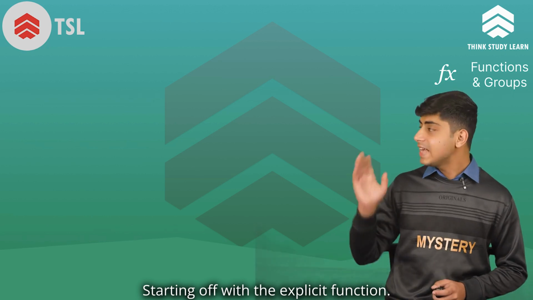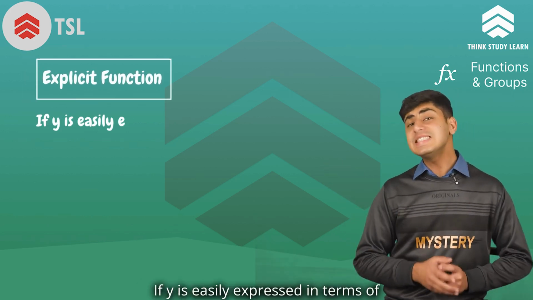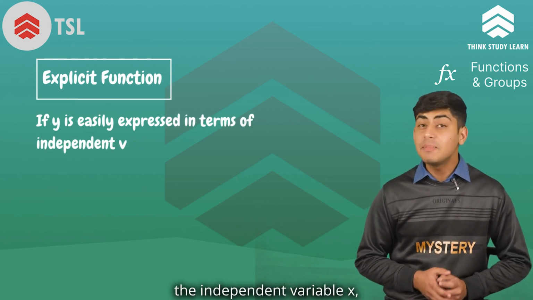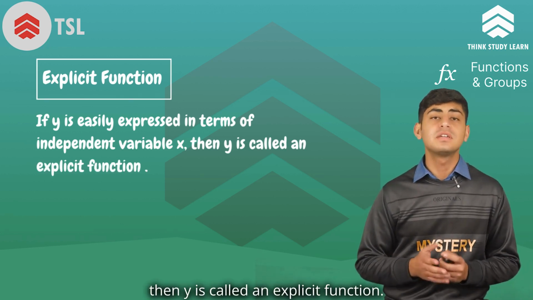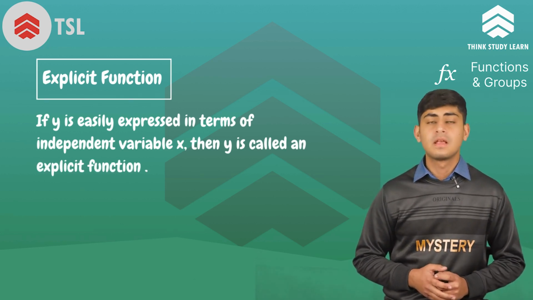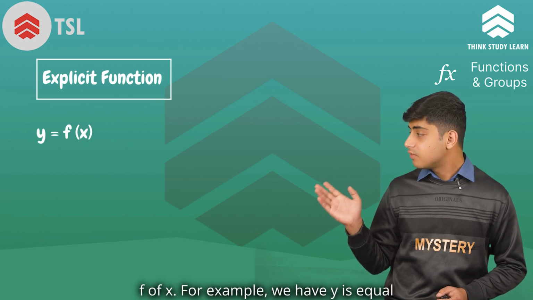Starting off with the explicit function. If y is easily expressed in terms of the independent variable x, then y is called an explicit function. Symbolically written as y is equal to f of x.